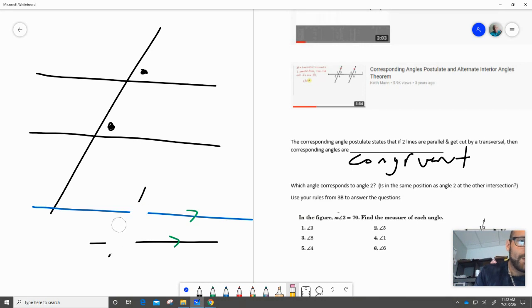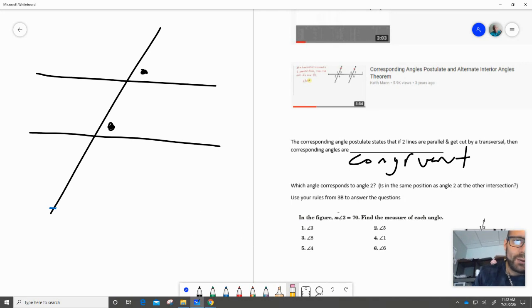Now, here's what I want to talk about in addition to this, okay? So now if the two lines are parallel, okay, the two train tracks are parallel, if we have one angle, we can find them all, okay? And here's why. So let's say this angle right up here is 62 degrees, right?